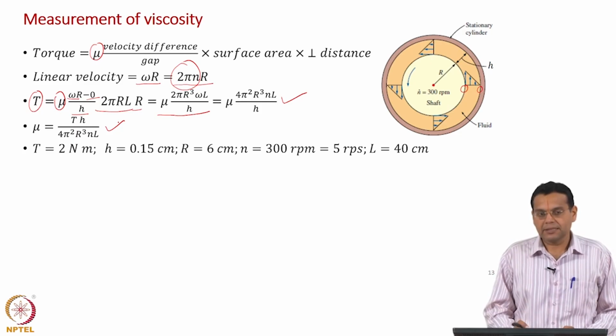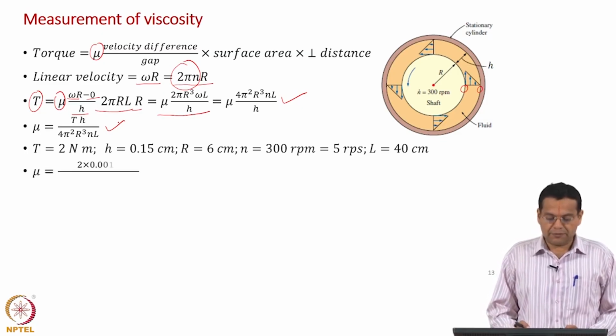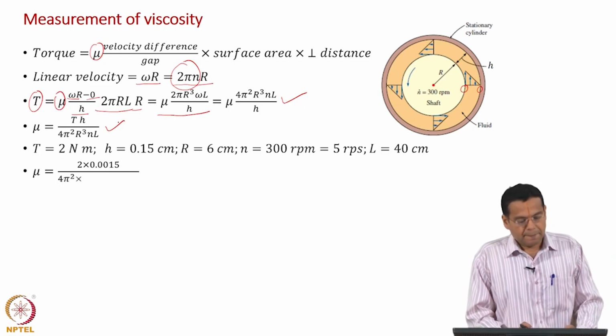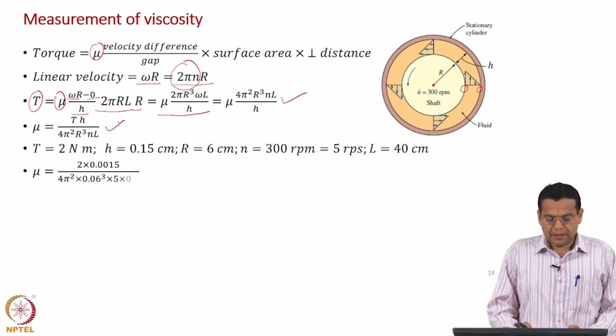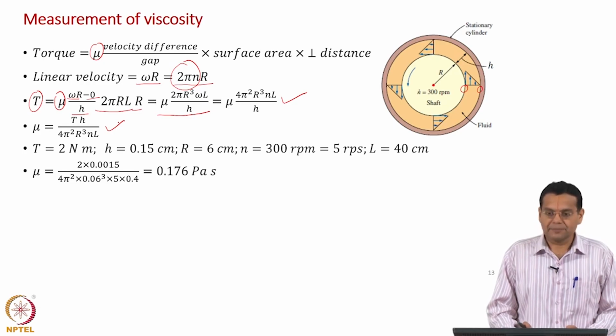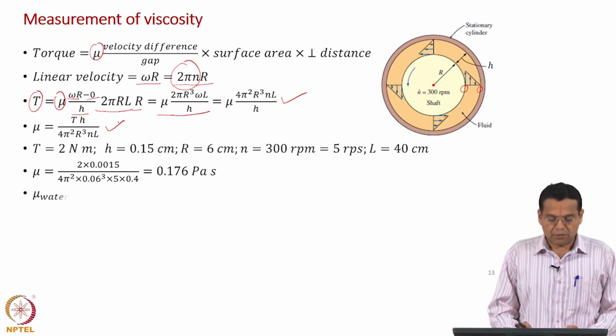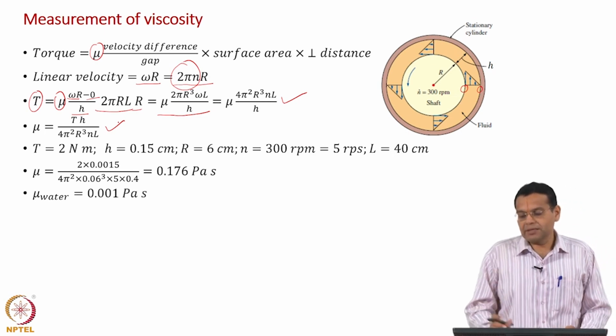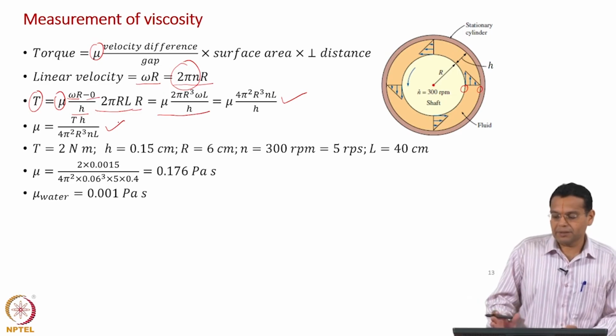So, 5 rps, L is 40 centimeter, substitute all in terms of SI units, okay, and then if you evaluate you will get 0.176 Pascal second. For water it is 0.001, which means you really have a viscous liquid between the two cylinders.